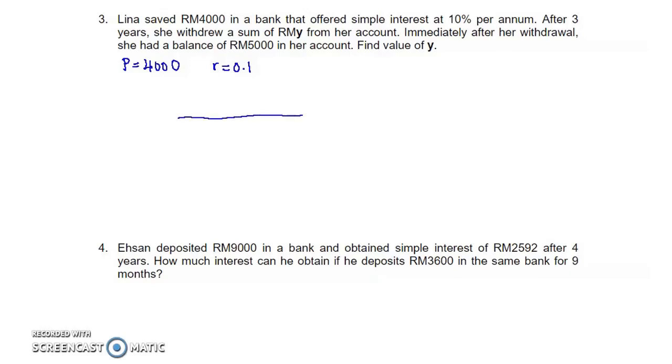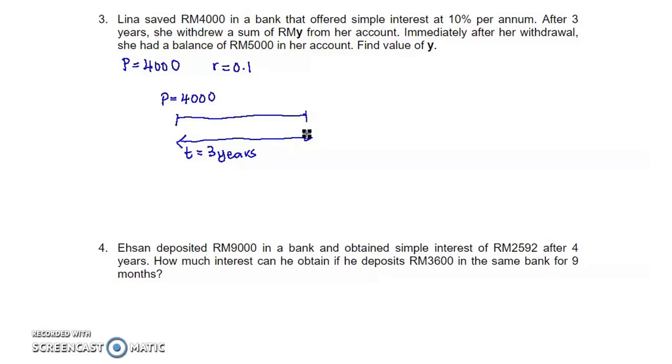Okay, let's say here you put 4,000 ringgit. After 3 years, so let's say this is 3 years, she withdrew a sum of Y ringgit.